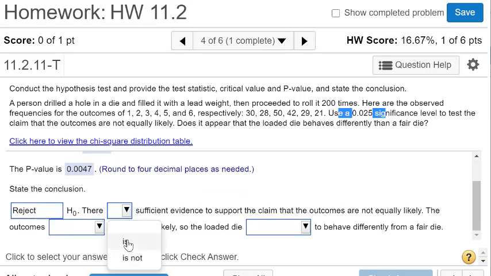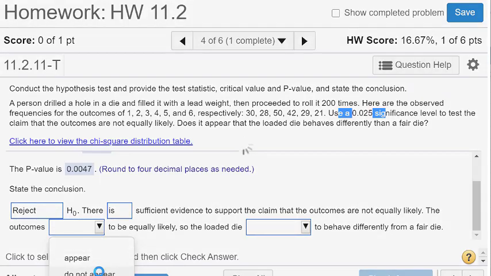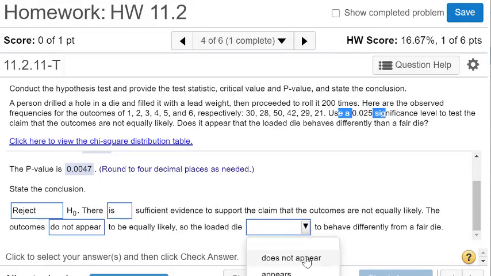So there is sufficient evidence to support the claim that the outcomes are not equally likely, and we kind of saw that the 50 and the 42 for rolling a 3 and a 4 looks like it was higher than the other values. So I think we can support the claim that the outcomes are not equally likely. The outcomes do not appear to be equally likely, so the loaded die appears to behave differently from a fair die.